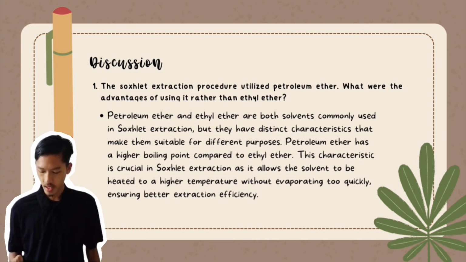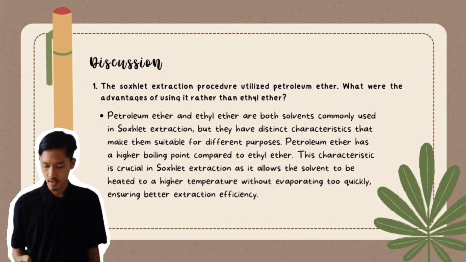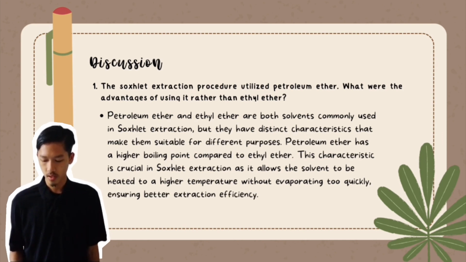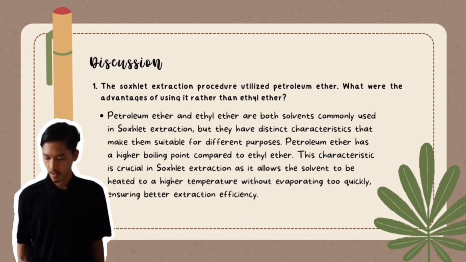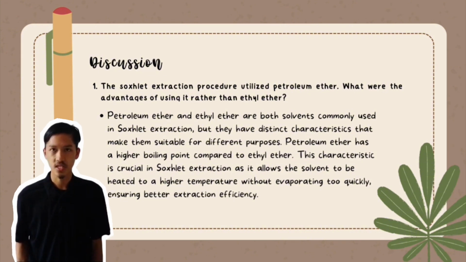Petroleum ether has a higher boiling point compared to ethyl ether. This characteristic is crucial in Soxhlet extraction as it allows the solvent to be heated to a high temperature without evaporating too quickly, ensuring better extraction efficiency.